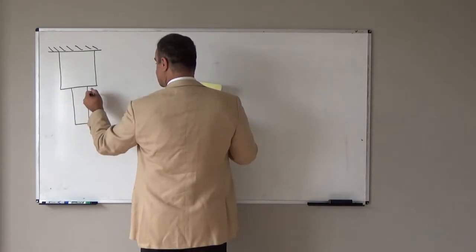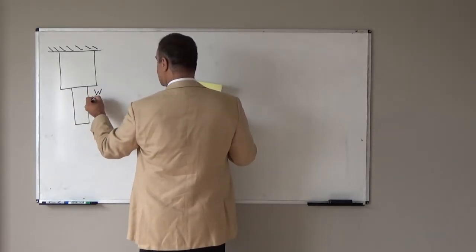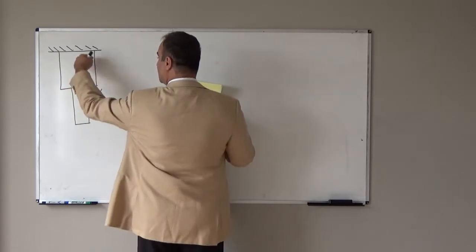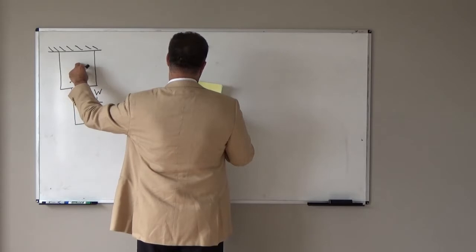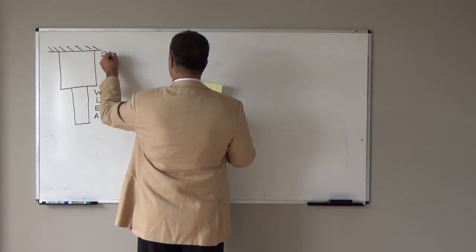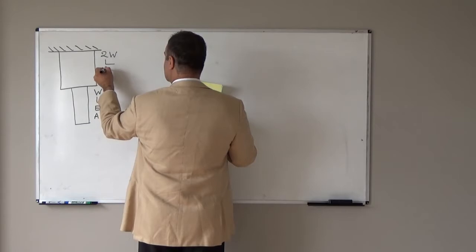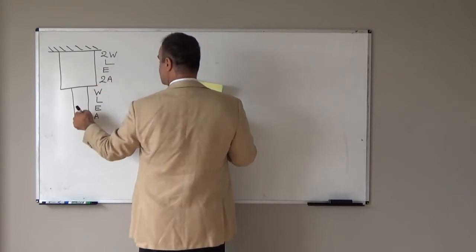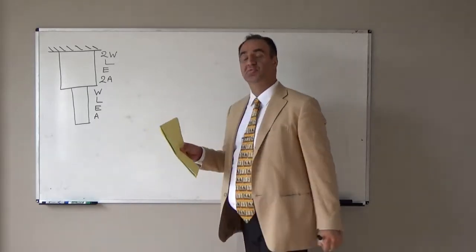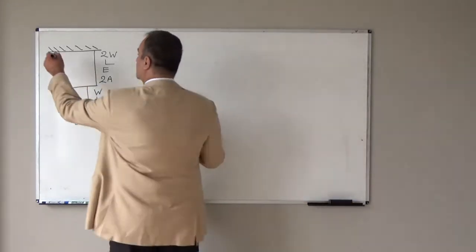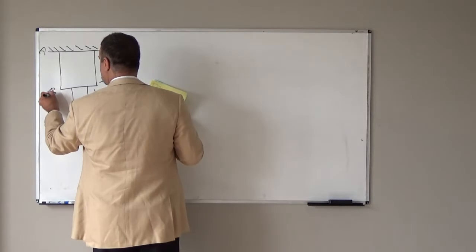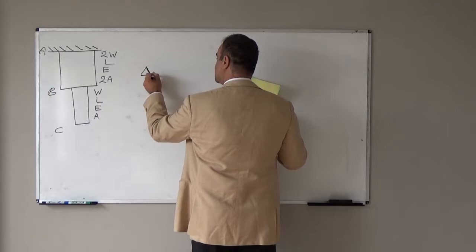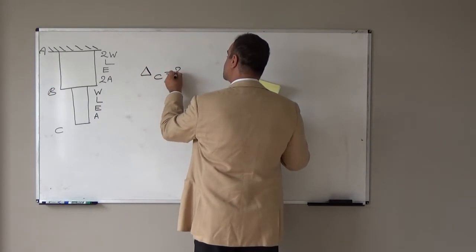Entire weight for this segment is W, length is L, E, A. Entire weight for the top part is 2W, length is L, E is E, cross-sectional area is 2 times of this cross-sectional area, so 2A. A, B, C. We want to find delta C under self-weight.